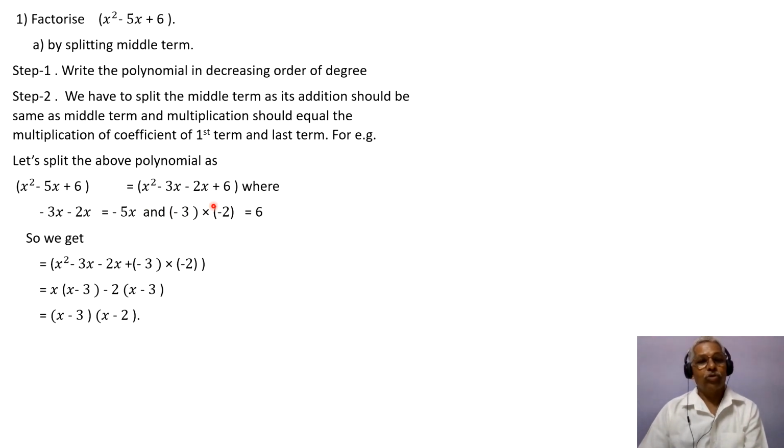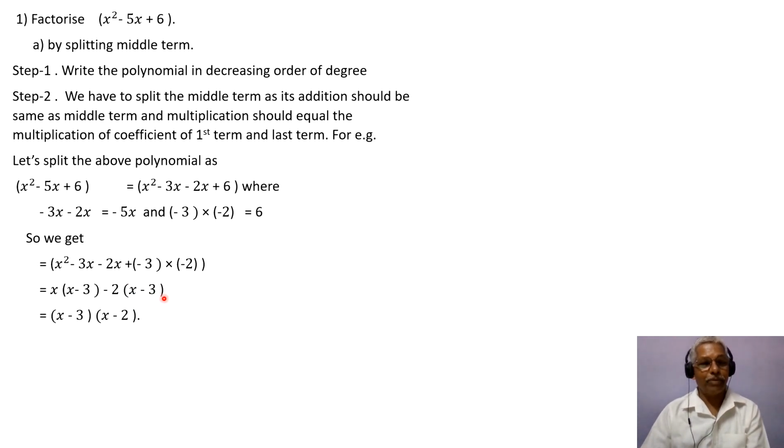So remember this. Minus 3x minus 2x is minus 5x, and minus 3 into minus 2 is 6. So we get x square minus 3x minus 2x plus 6. Now I am taking x common from the first two terms, and I get x minus 3, and then minus 2 common from the other two, and you get x minus 3.